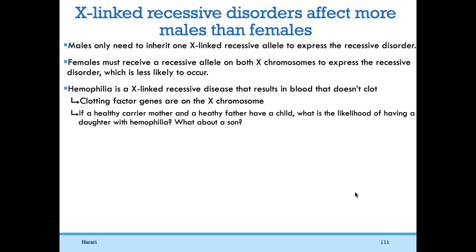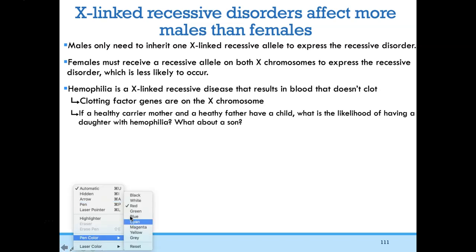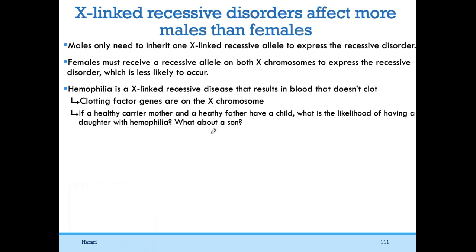If a healthy carrier mother and a healthy father have a child, what is the likelihood of having a daughter with hemophilia? What about having a son with hemophilia? So this is a tough kind of problem. Let's try to figure this out using a Punnett square. The way we show Punnett squares with sex-linked disorders is we just show the sex chromosomes. So a healthy carrier mother, right?